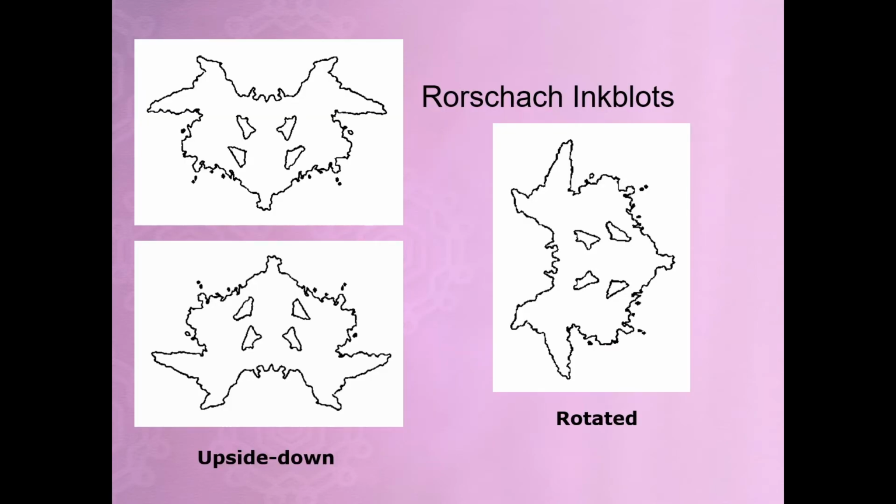Sometimes people see this as witches or people with a cape going around a center pole and their capes are flying behind them. And recall, you would also ask the person to turn the shape each direction. As you can see here, if it's upside down or rotated, it might bring on completely different images and a whole other set of responses.